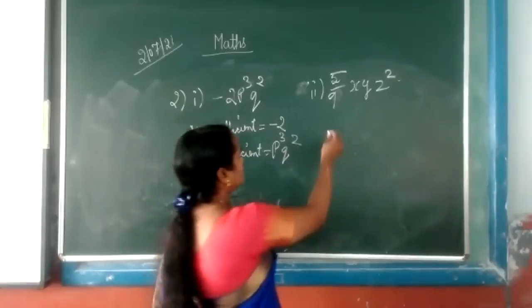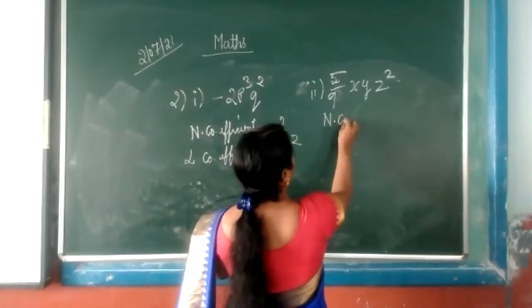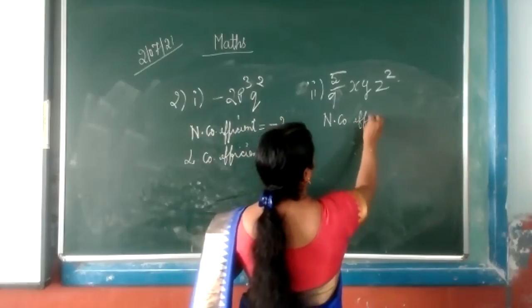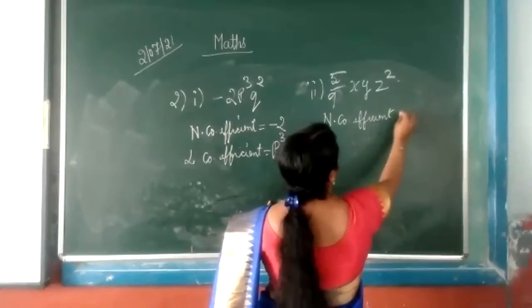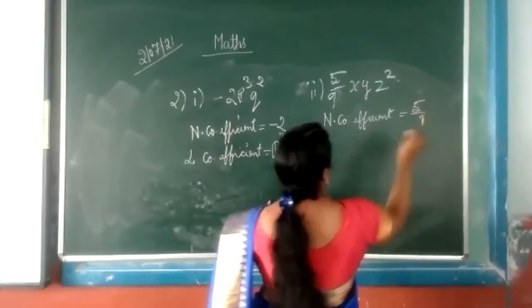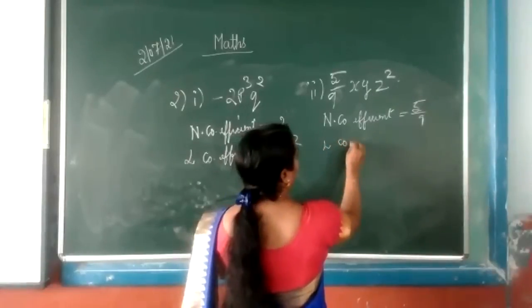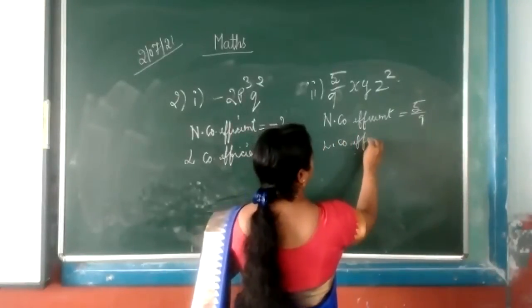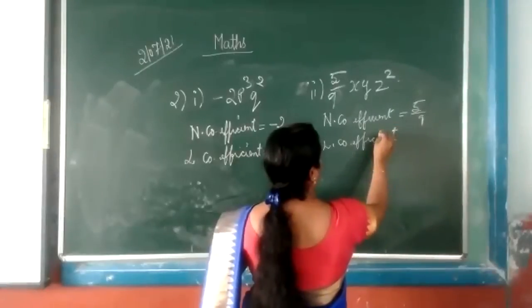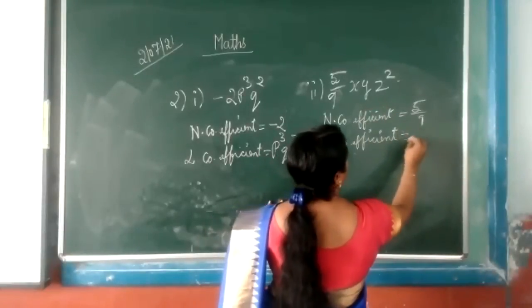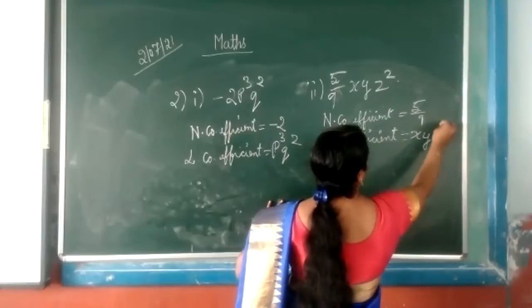Now here also numerical coefficient will be 5 upon 9 and literal coefficient is x, y, z square.